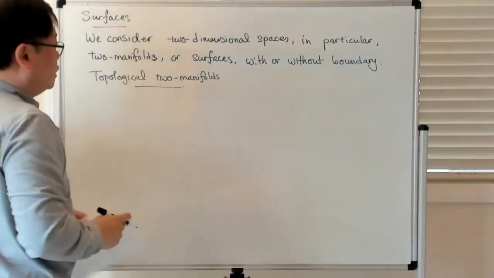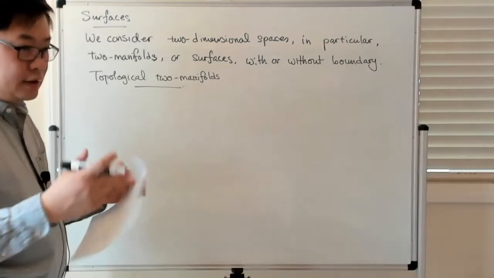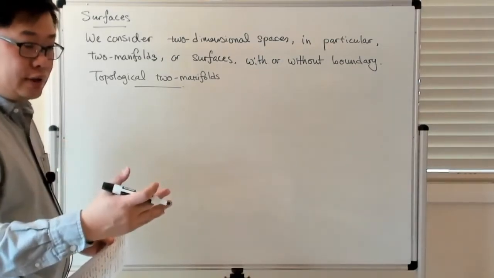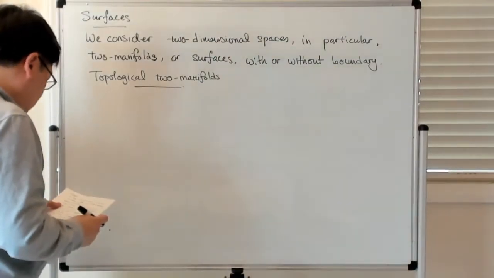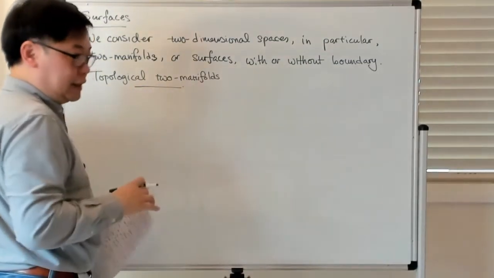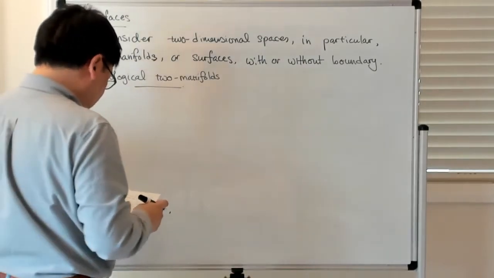Here, we have talked about this notion of homeomorphisms, which are continuous maps with a continuous inverse, and they're one-to-one and onto. So we're going to model these things by the open unit disk.